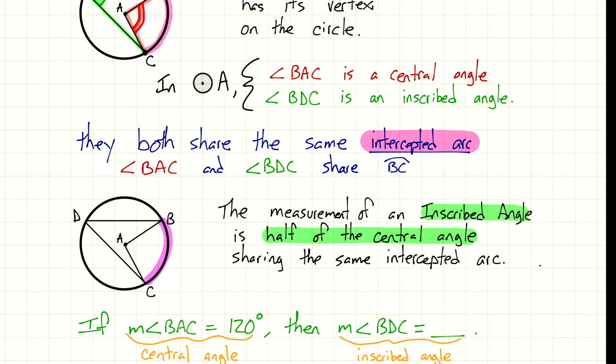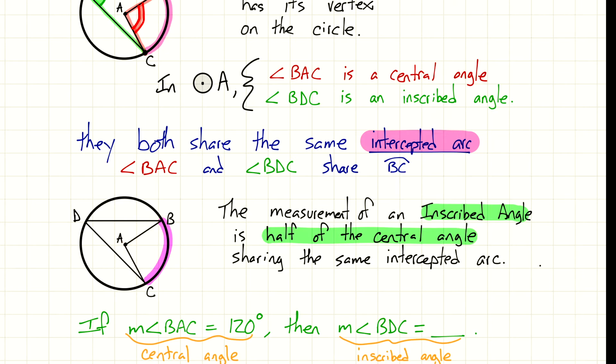So according to this definition, the measurement of an inscribed angle is half of the central angle, assuming they're sharing the same intercepted arc. So these two share the same arc, which is good. Inscribed angle is BDC, and the central angle is BAC.